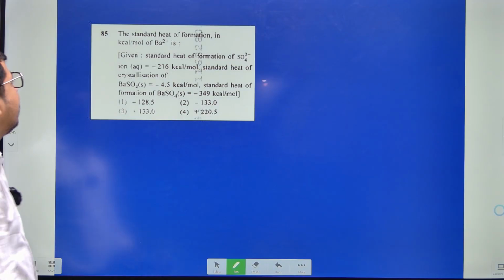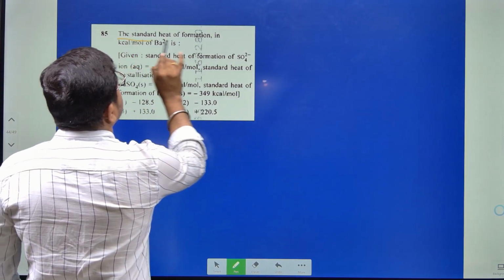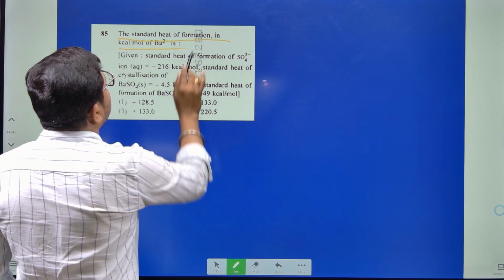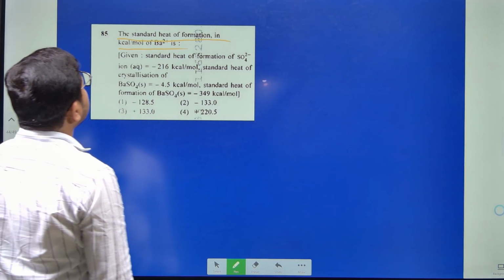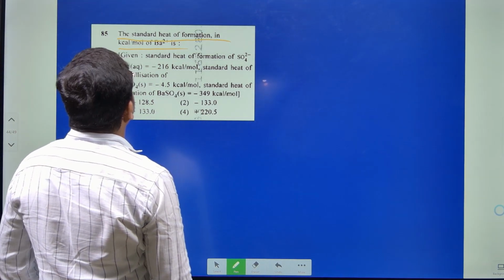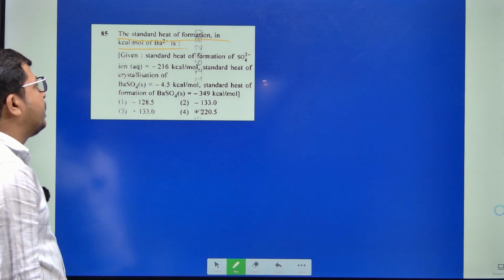Next, move to question number 85. The standard heat of formation of Ba2+, in kilocalorie per mole, is asked.